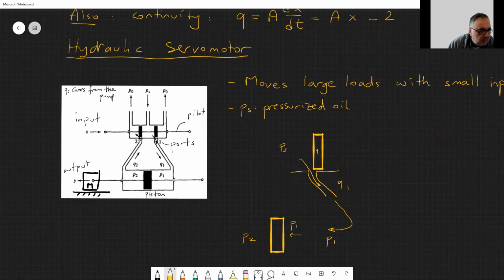And the fluid in this direction now comes. Let me draw the second one also.